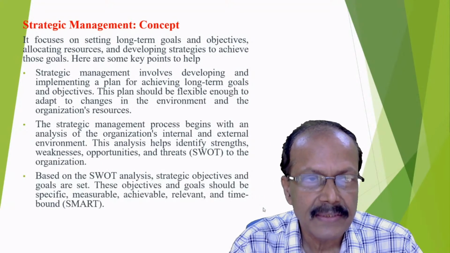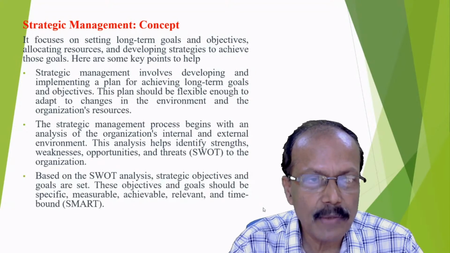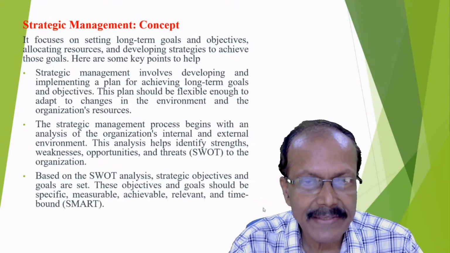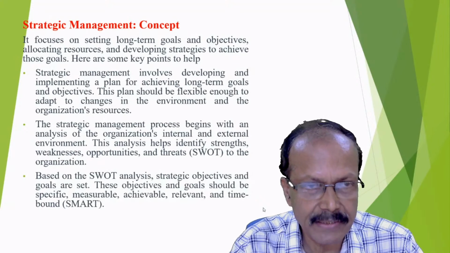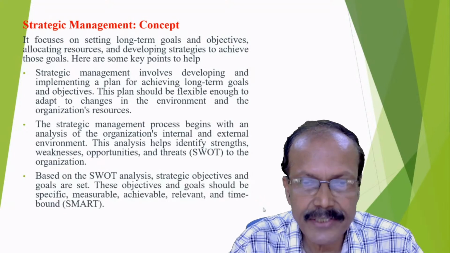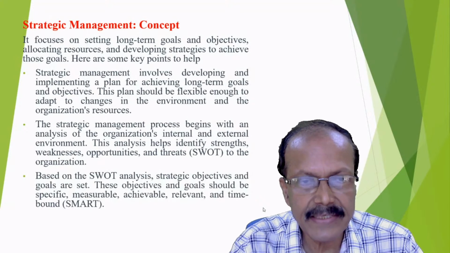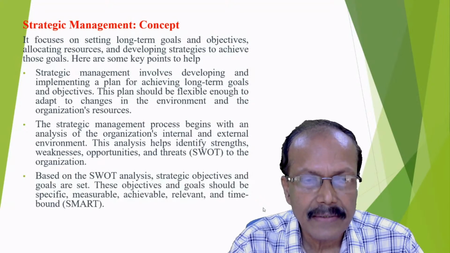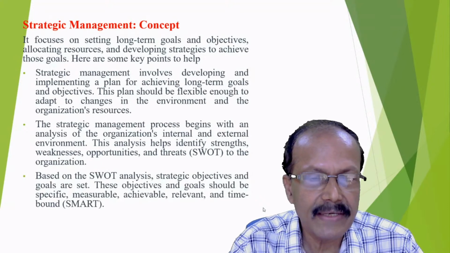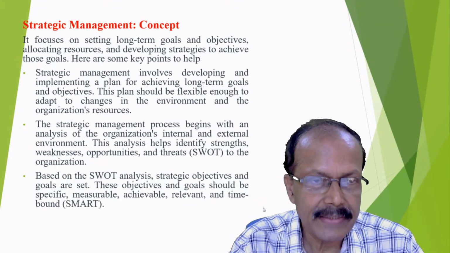Strategic management involves developing as well as implementing a plan for achieving the long-term goals and objectives. This plan should be flexible, adjusting to various situations, enough to adapt to changes in the external environment and in organizational resources as an internal factor.